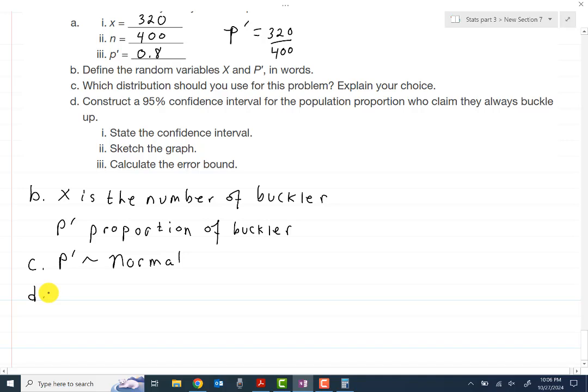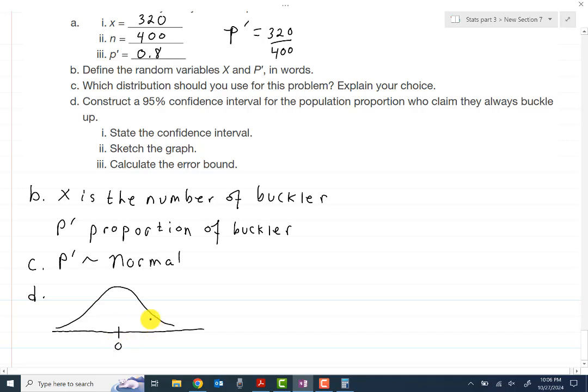For part D, we want to construct a 95% confidence interval for the population proportion who claim they always buckle up. So we need the confidence interval and everything like that. Well, let's first get the 95% Z-score, which we've done a lot of times by now.